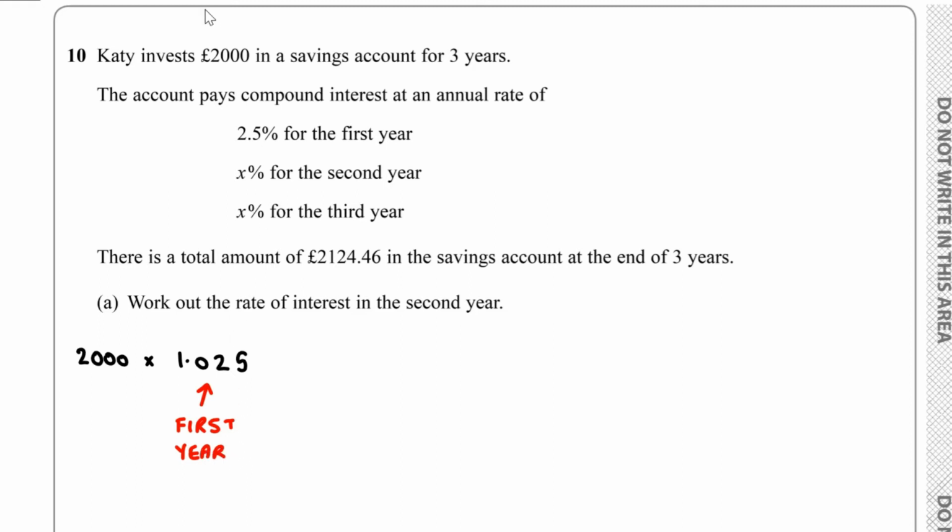And then in the second and third year, the amount is X%. So then we multiply by 1 plus x over 100 to the power of 2. And that's because we're repeating it. So here is the amount for the second and third year.